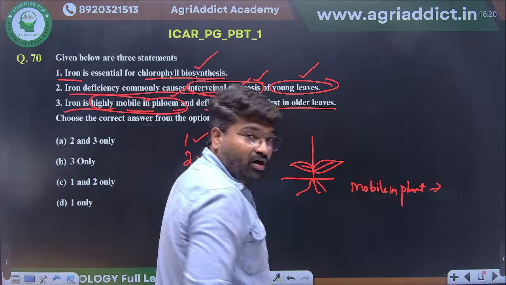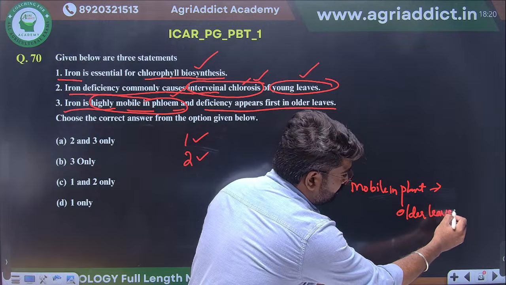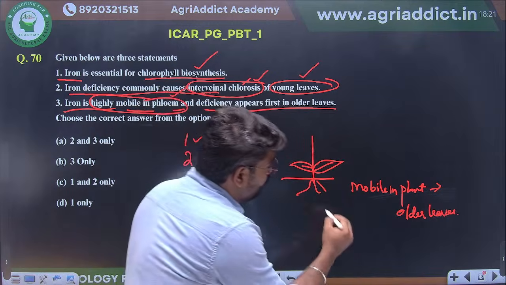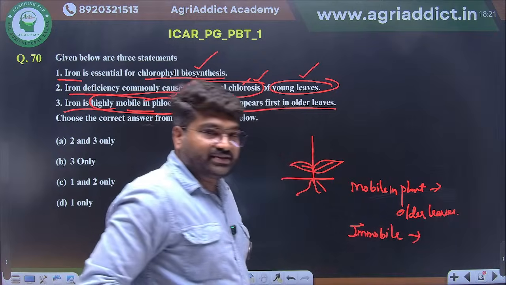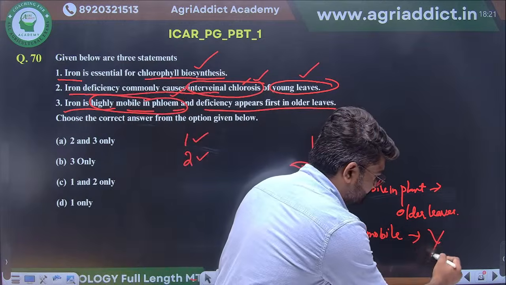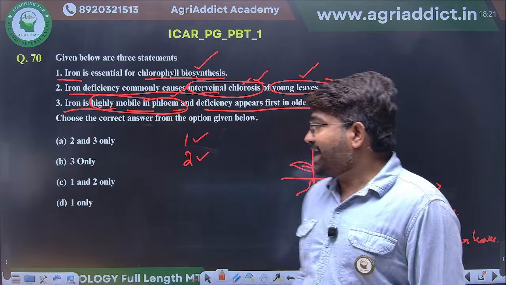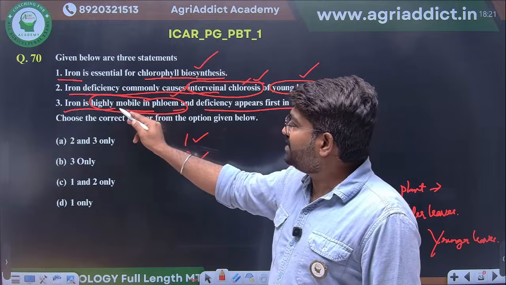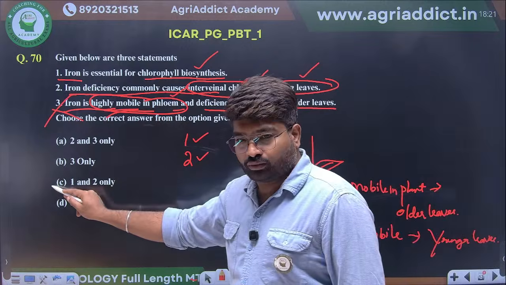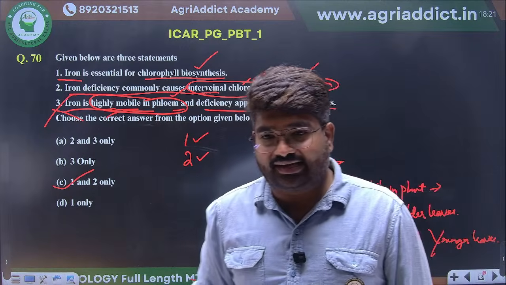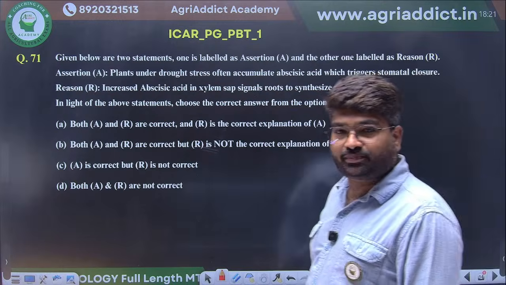If an element is immobile, the deficiency symptom will happen in younger leaves. We already know iron is one of the immobile elements in plant, but they have given mobile here. So this is a wrong statement. Then what will be the answer? 1 and 2 is the correct answer. Read the questions properly, students.